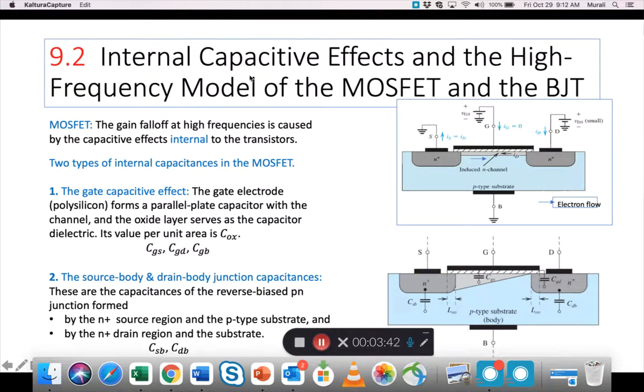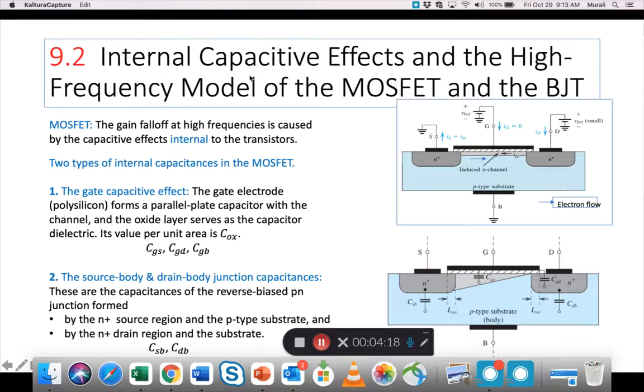So what that means is, at the high frequency, it is not the outside capacitors that you connect in the circuit for coupling and bypass, but as the MOSFET is being fabricated, as it is being assembled in the factory, because of the internal construction of the MOSFET or the BJT, some capacitances creep in.